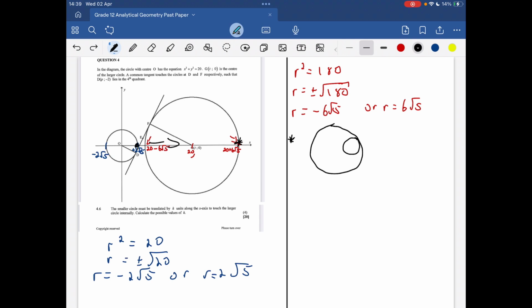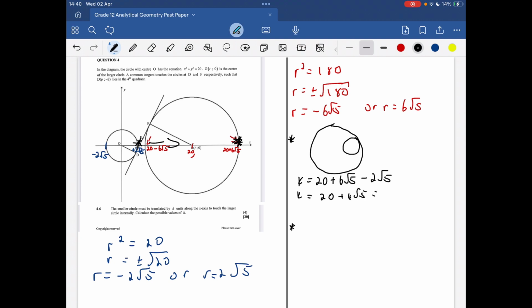Well, we'd like this point to come and touch that point. So we just need to take the x value here minus the x value there. So k for the first case is 20 plus 6 root 5 minus 2 root 5. So that is 20 plus 4 root 5. I'll check what it is as a decimal in just a second.